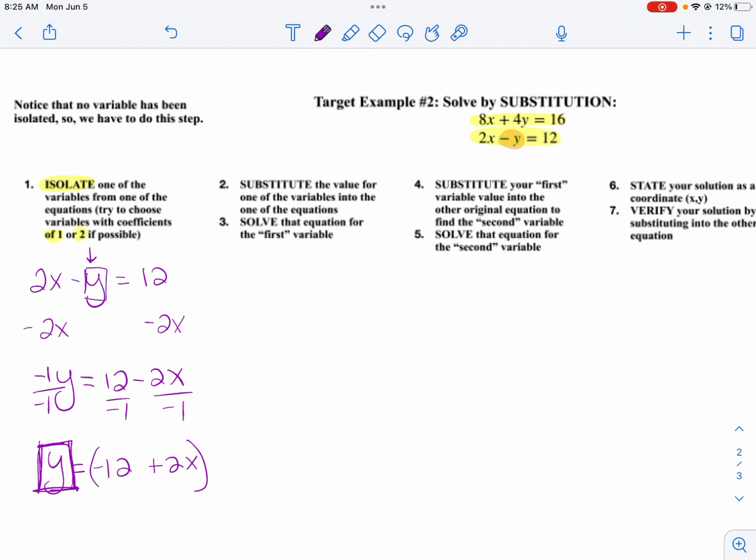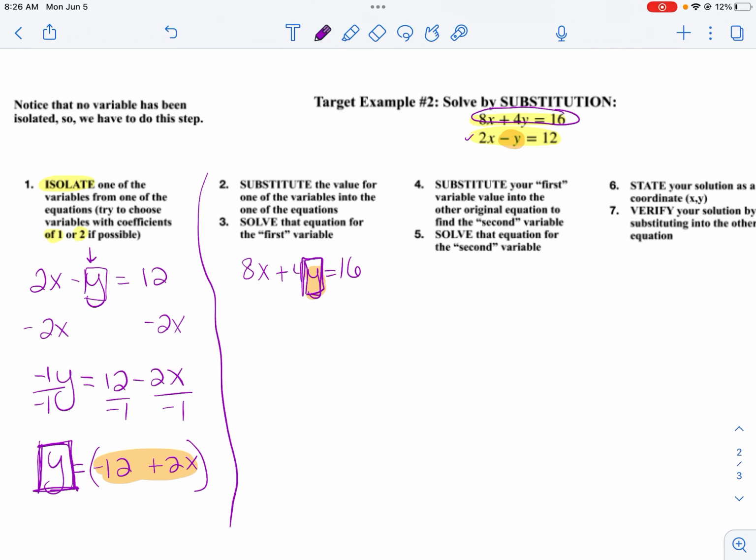And now remember, if I use this as my first equation, now I have to use this as my second equation. So for step 2, I have 8x plus 4y equals 16. I'm going to take what I found for y, and I'm going to substitute it into the y value right here, right? I'm going to put a box around that same variable.